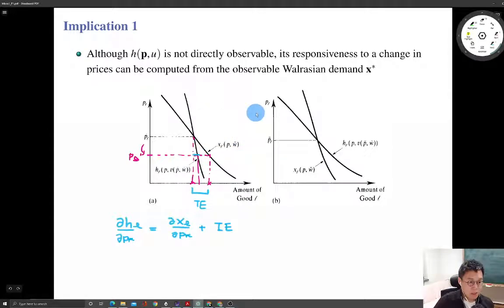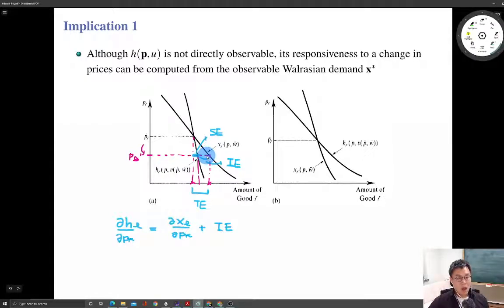So this change is the substitution effect, and the other change is captured by the income effect. So here the income effect is positive, because the price of good L decreases. It means it improves the consumer's purchasing power, and due to this improved purchasing power, demand for good L further increases. It means this good is a normal good.